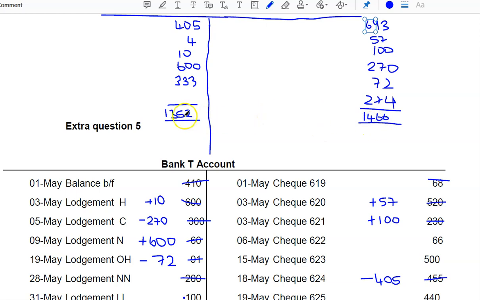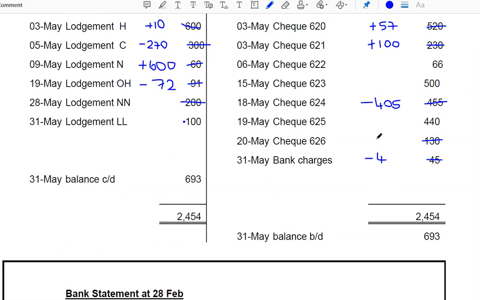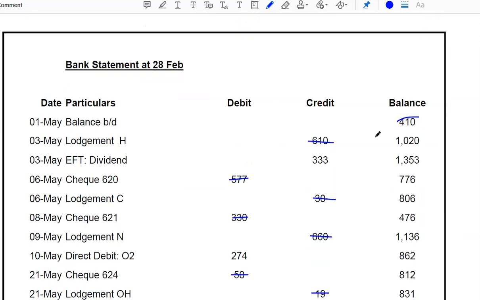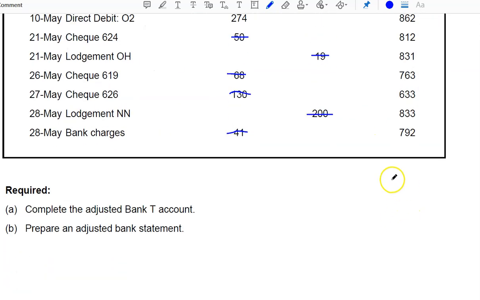And the difference, so add up both sides, get the difference, it's 114, and your new balance goes underneath the bigger side. So our adjusted T account is 114 on the credit side, which is saying that we owe 114 to the bank. And then we just need to adjust your bank statement.